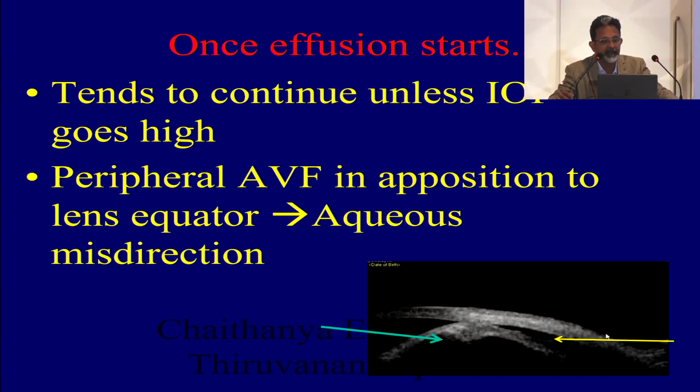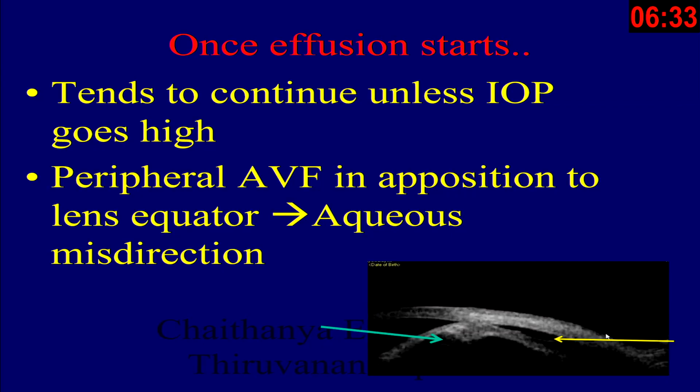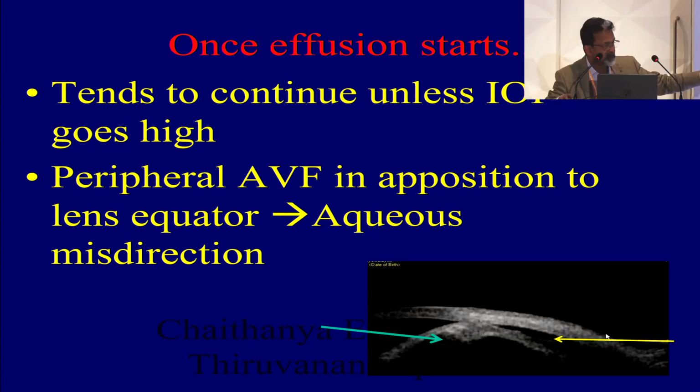The peripheral anterior vitreous face gets into apposition. As you can see, there is a ciliochoroidal effusion, and because the ciliary body is rotated inwards, it gets closer to the lens equator, which is barely visible there in this UBM. And once that apposition happens, it's easier for the aqueous to misdirect and cause a malignant glaucoma.